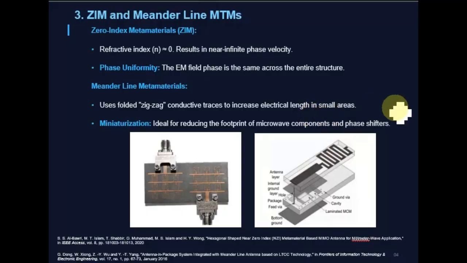Next is the meander line structure. In a meander line structure we have this zigzag kind of pattern, as you can see in the second figure. The actual physical area of this patch is something like this, but by using this zigzag pattern, we increase the electrical length of the antenna or radiator in the given physical area.